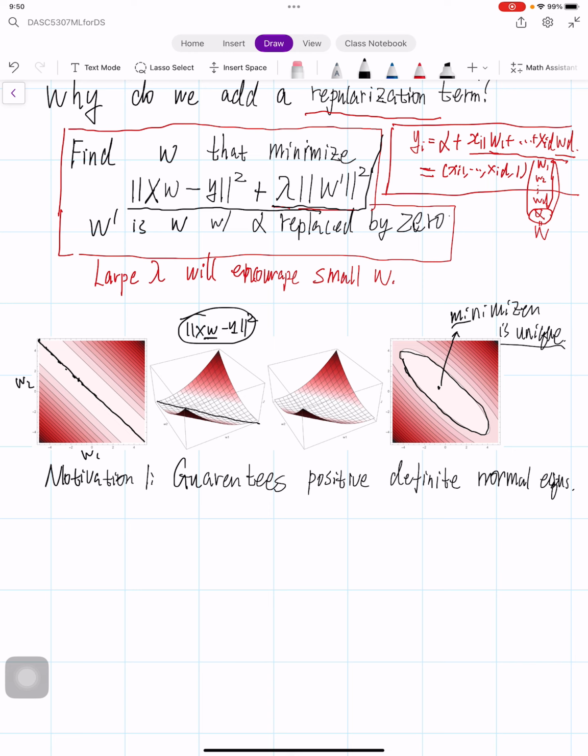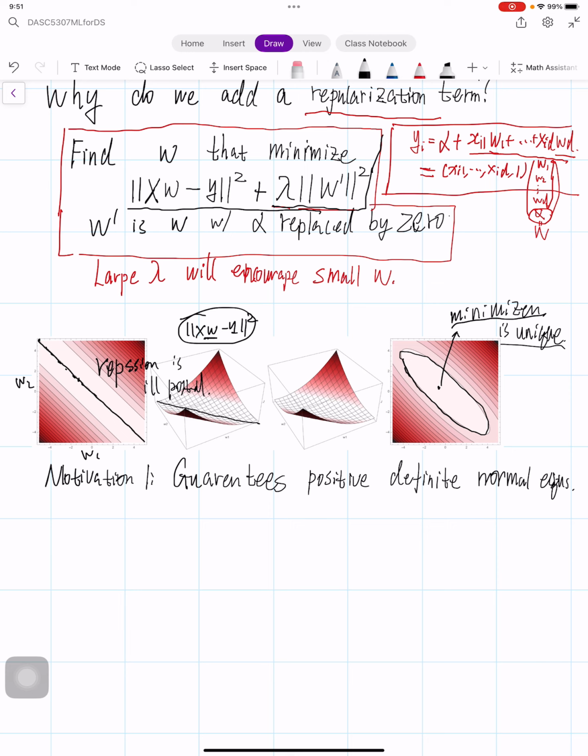Okay, so that is the first solution. Sometimes this is called the regression problem is ill-posed. So if your regression does not have a unique solution, the regression is said to be ill-posed.